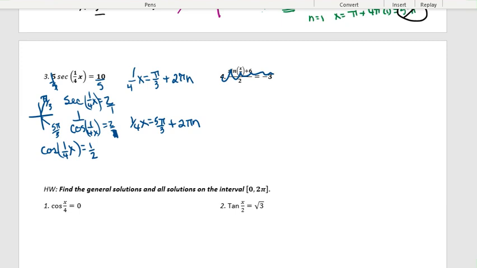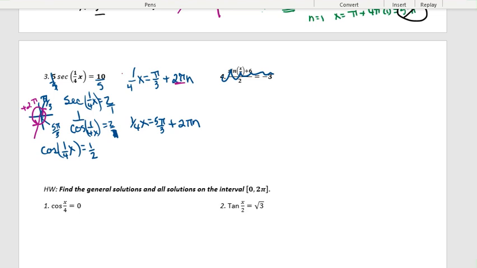The reason this is not going to be plus pi n is that I didn't get to go to there and stop. It's going to have to find another time to hit right there. So that takes a plus 2 pi, not plus pi.